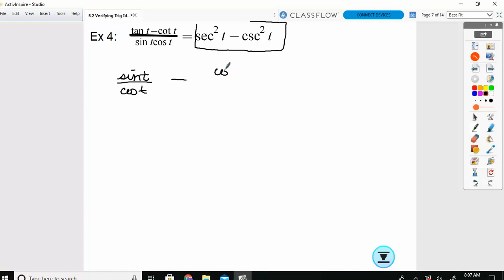Minus cotangent t is cosine t over sine t. Divided by... thoughts.